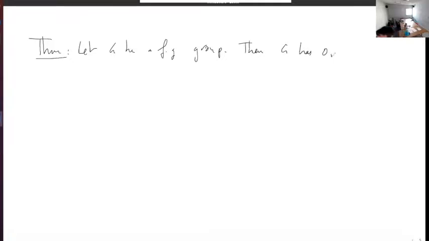Okay. So the main theorem. Let G be a finitely generated group. Then G has 0, 1, 2, or infinitely many ends.